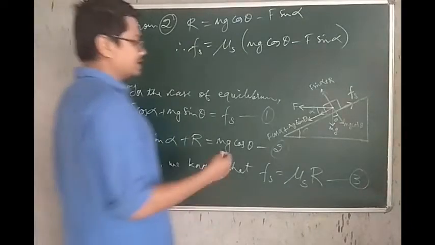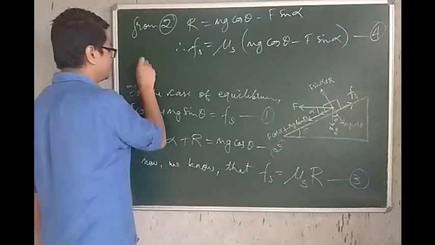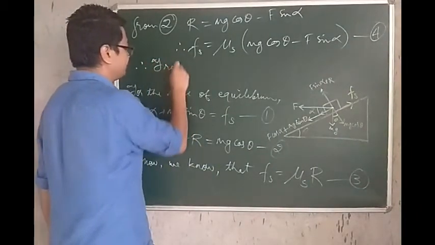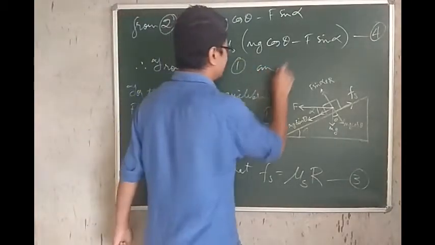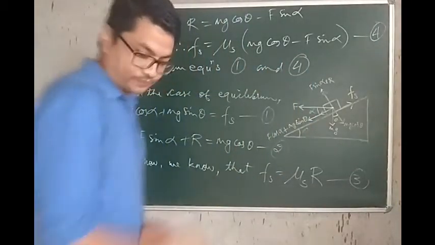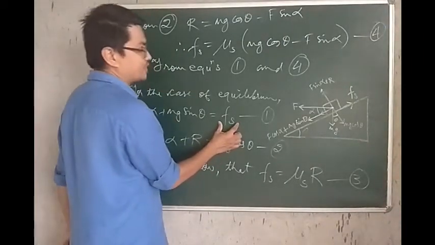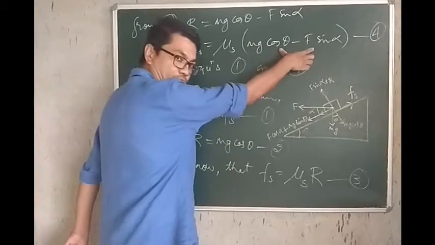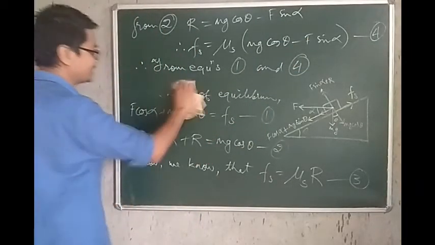Let this be our equation 4. Therefore, from equations 1 and 4, what are we about to do now? We are simply going to substitute the value of F_s from equation 4 in equation 1. Let us see what we get then.